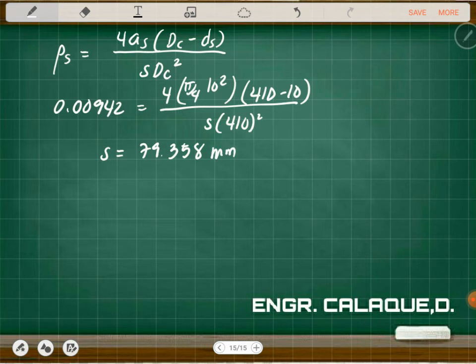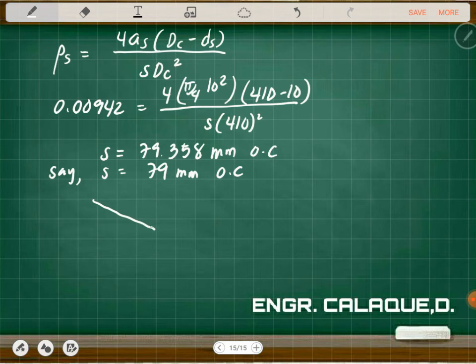This is on center, so let us say 79 mm on center.